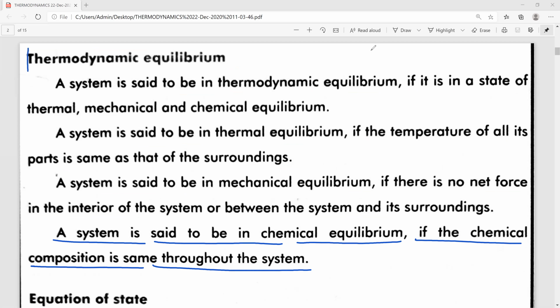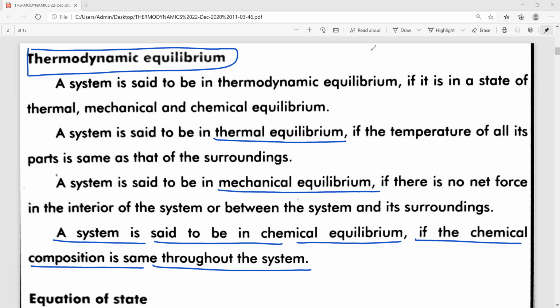So thermodynamic equilibrium has three types: thermal equilibrium, mechanical equilibrium and chemical equilibrium. A system is in thermal equilibrium if the temperature of all the parts is the same as the surrounding.